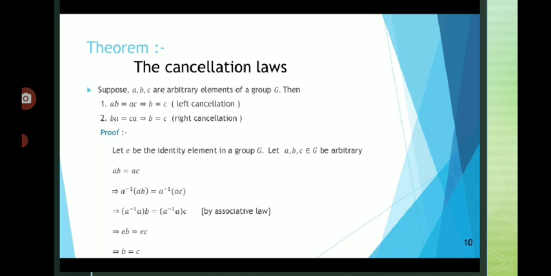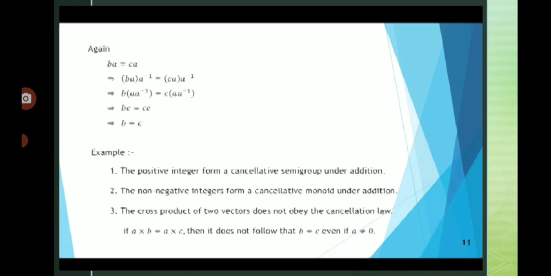By using the identity property, EB is equal to B, EC is equal to C. Now we have taken AB equal to AC, and it comes B equal to C. This is the left cancellation law.